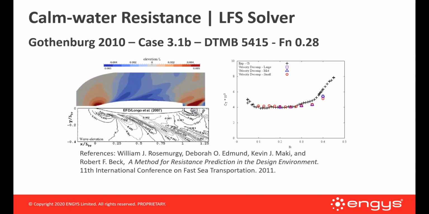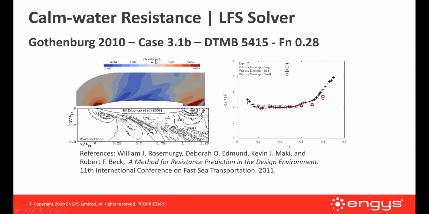Looking at validation, there are several tests that we've been running across the last 10 years. This is one of the initial tests that we ran, and you can find a reference down here.